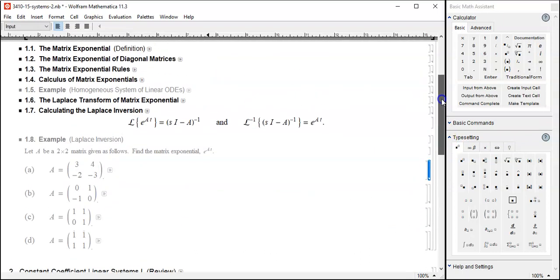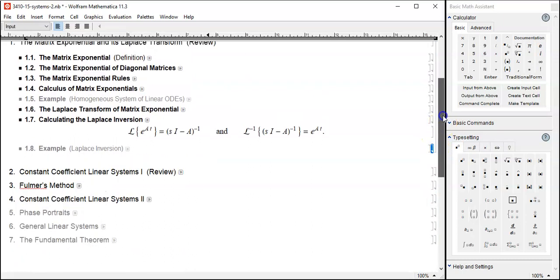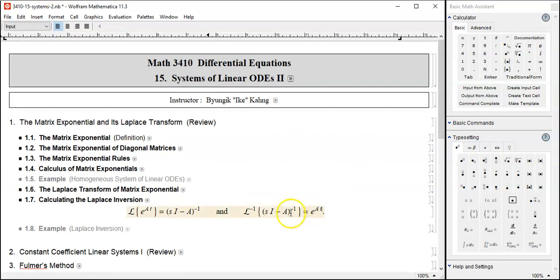So that was an effective way to calculate e to the at power. With this formula, calculate the resolvent matrix and take the Laplace inversion. Now, taking the inverse matrix was easy for a 2 by 2 matrix. For 3 by 3 or higher, taking the inverse is already a pain. And once you do that, you have to take the Laplace inversion, which means you have to take the decomposition by partial fractions for each entry.